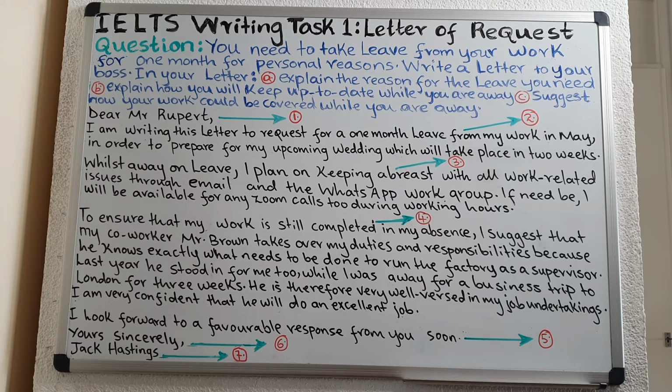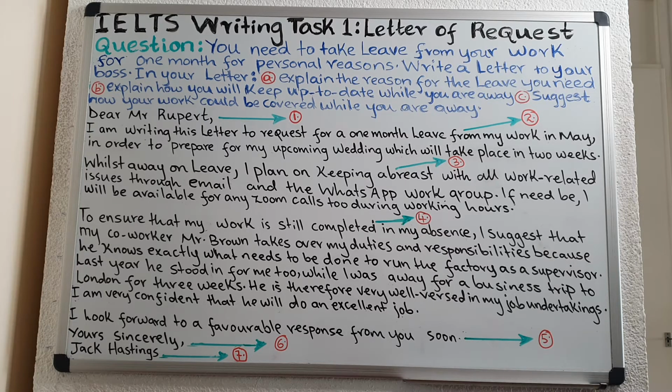You need to take leave from your work for 1 month. So I would underline take leave. 1 month. Personal reasons. So you need to be away from work for 1 month because of personal reasons. Personal reasons have nothing to do with work. Personal reasons could be reasons to do with your family.